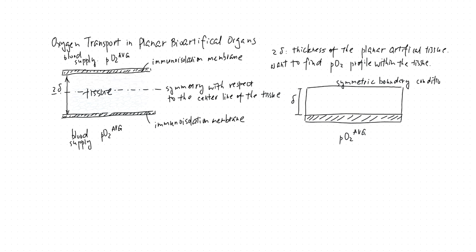Now let's build a coordinate system. Let's use X, and X equal to 0 is the starting point of the tissue. X equal to 0 is the interface of the tissue and the membrane.